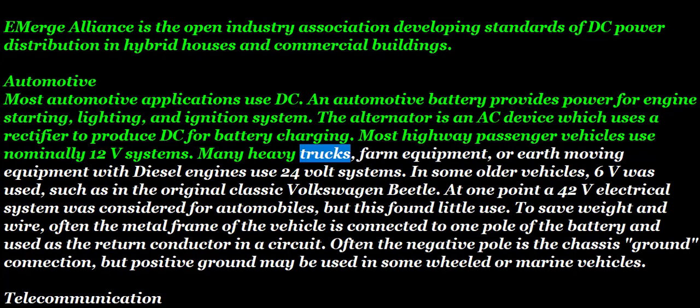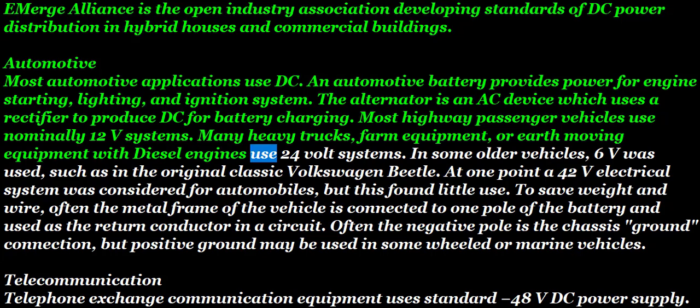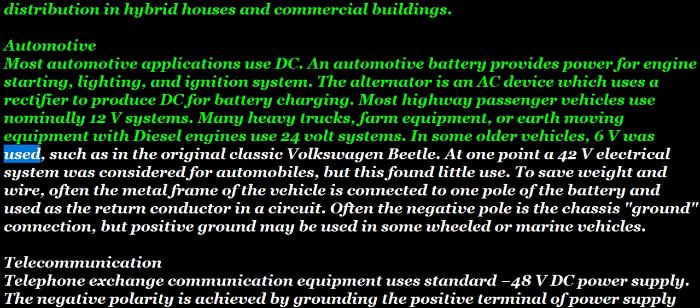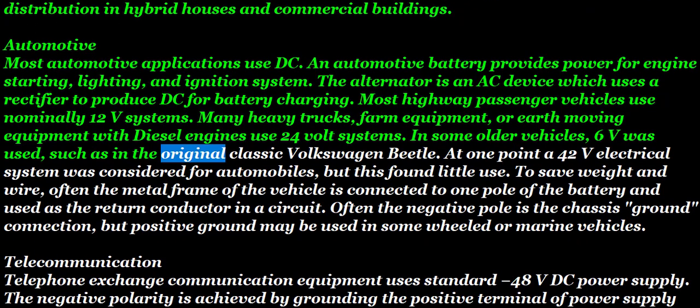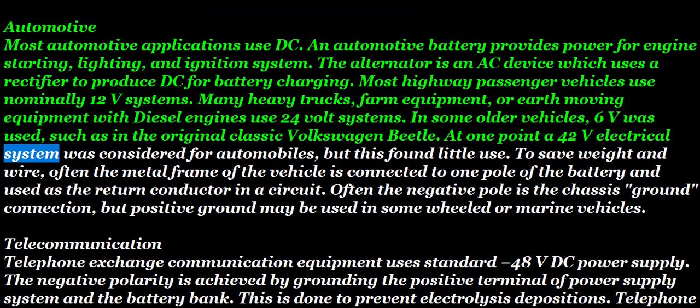Many heavy trucks, farm equipment, or earth-moving equipment with diesel engines use 24-volt systems. In some older vehicles, 6V was used, such as in the original classic Volkswagen Beetle. At one point a 42V electrical system was considered for automobiles, but this found little use.